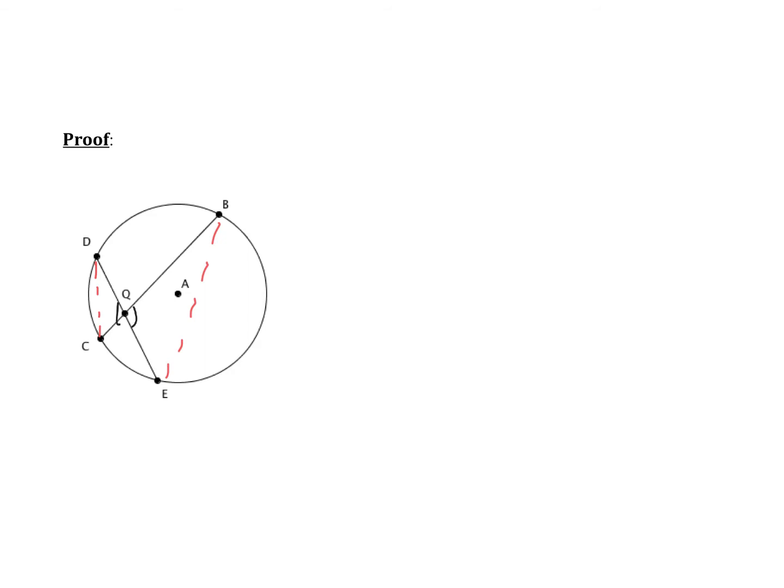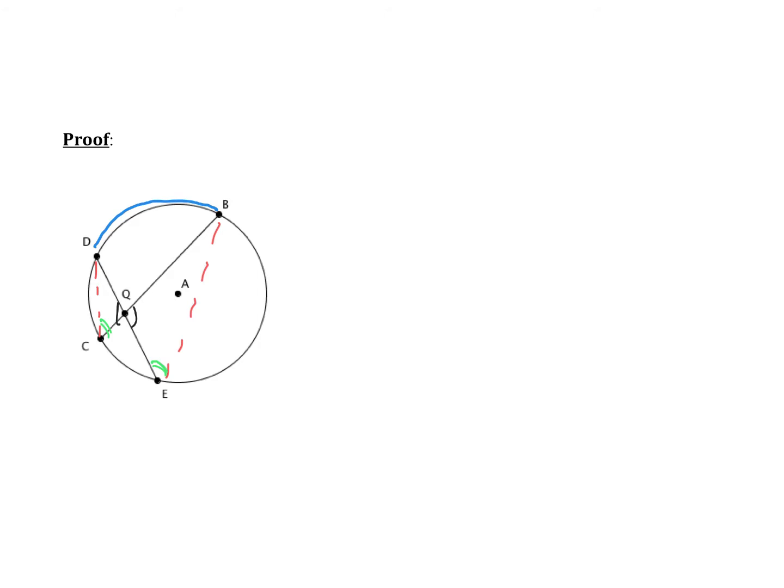And so let me choose a different color. Arc DB here, notice it has 2 inscribed angles that intercept it. One being angle DEB, that intercepts arc DB, as does angle DCB. Now, if you notice, they both share the same arc.